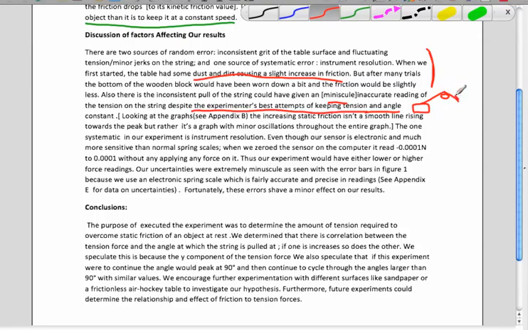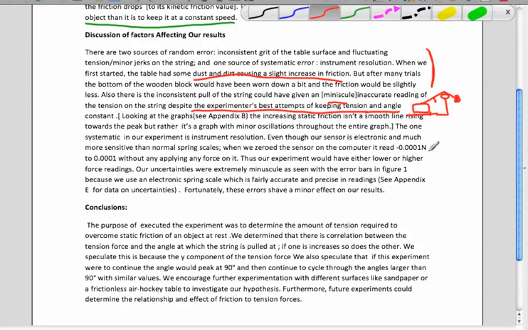The neat thing about that is that once you set up where the block is located and the pulley up on some kind of stand, that pretty much defines this angle. And it allows you to make sure you're pulling at exactly the same angle each time. Because once the string wraps around the pulley, it doesn't really matter too much which way you pull here. It'll always be directed from the block like that. So that's a neat way to overcome those sources of uncertainty.